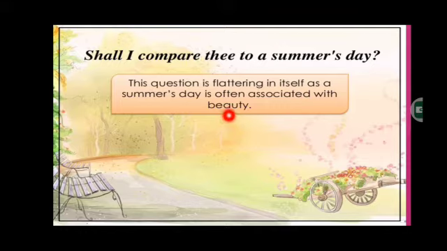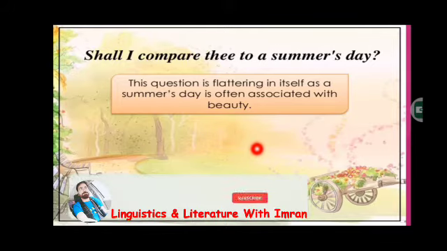As I told you on the previous slide, a summer day is a sign of beauty. That's why the speaker is asking, shall I compare thee to a summer's day? Then on the coming slide we will see that the speaker will say that there is decline to a summer's day and there are flaws with a summer day, right?